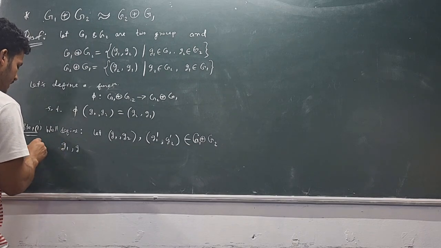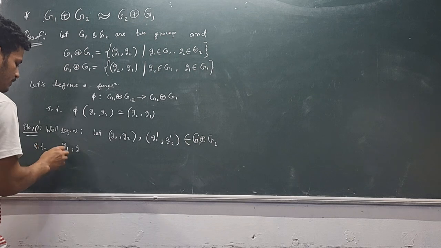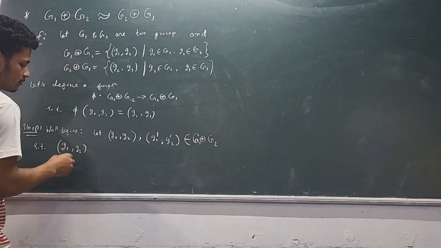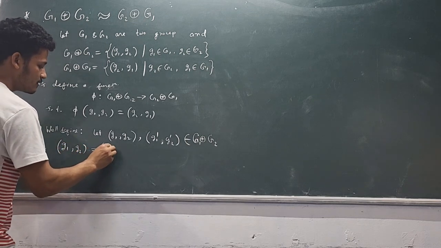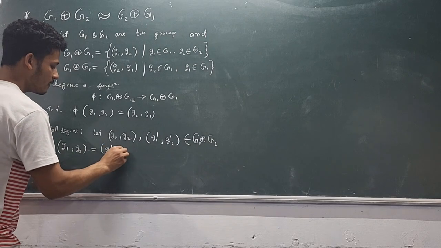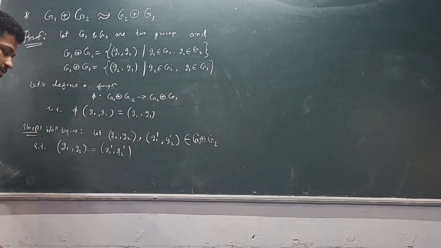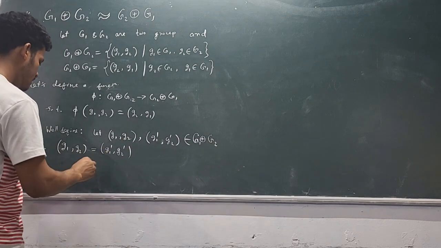Such that (g1, g2) is equal to (g1', g2'). Now what happens?